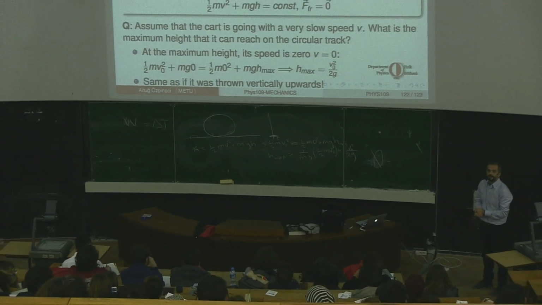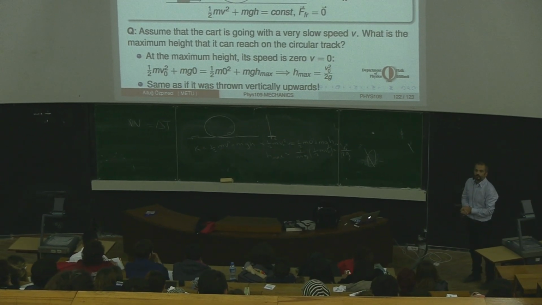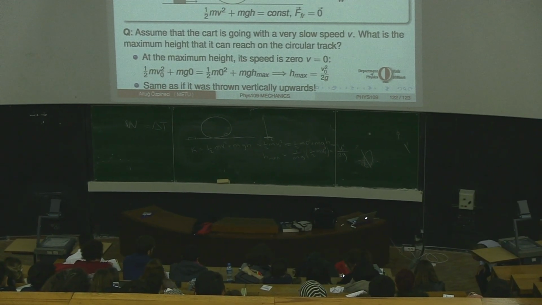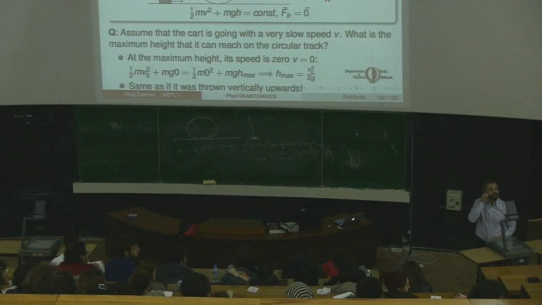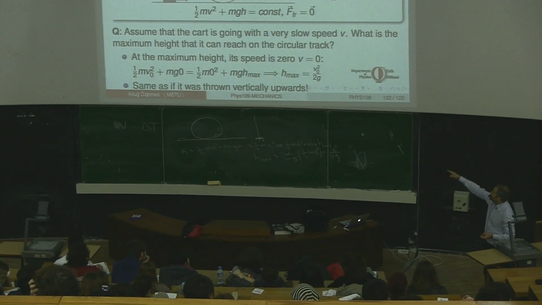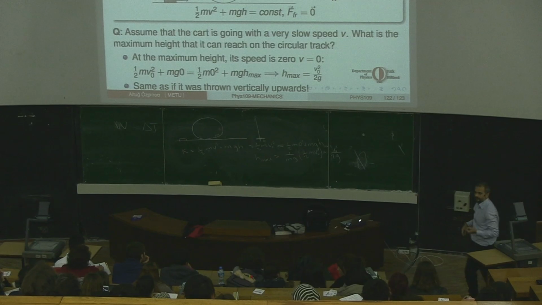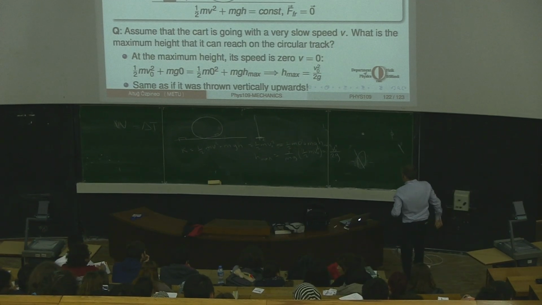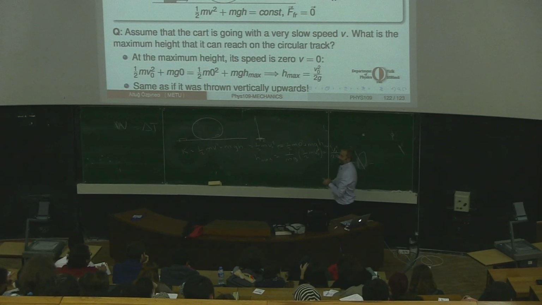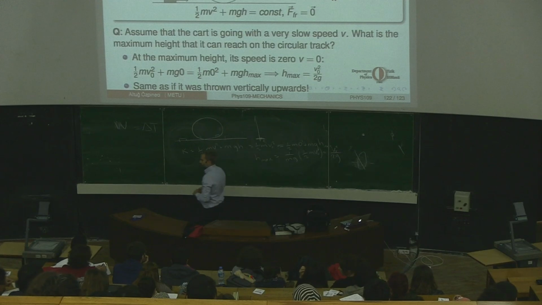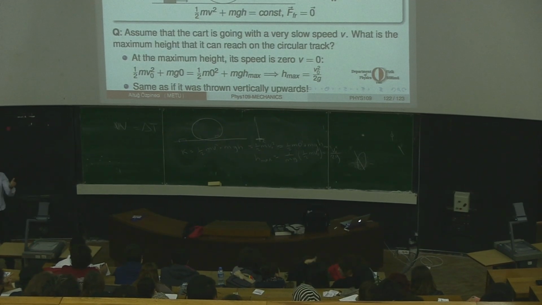So what is this formula? For which angle does this correspond to if it is the maximum height? So with which angle should I throw it? For 90 degrees. Well, the answer is over there, vertically upwards.